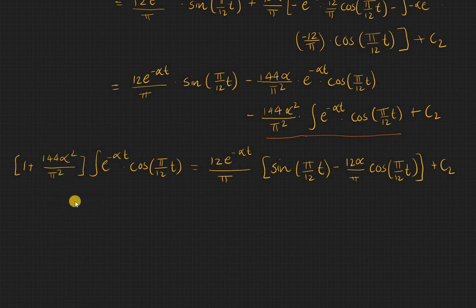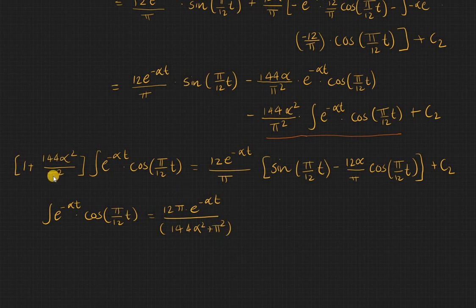So we can finally say that our integration of e to the power minus alpha t into cos of pi over 12t is equal to, I can simplify that on a rough book, but once you simplify that, you will get the simplified solution like this, which will be in the form of 12 pi e to the power minus alpha t divided by 144 alpha square plus pi square.